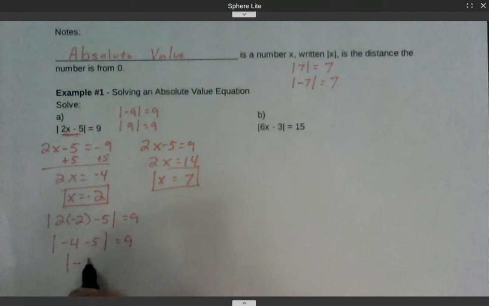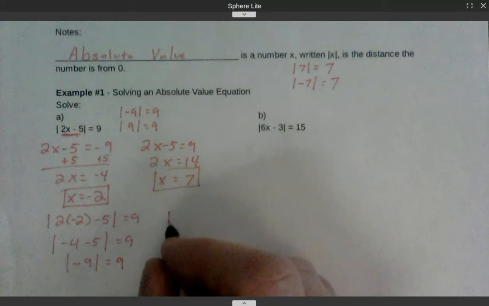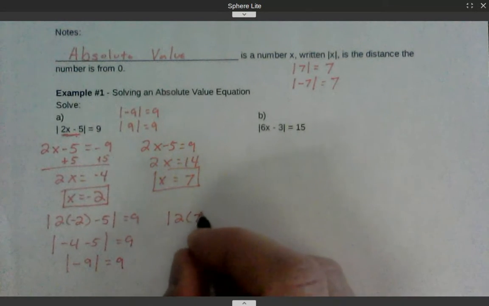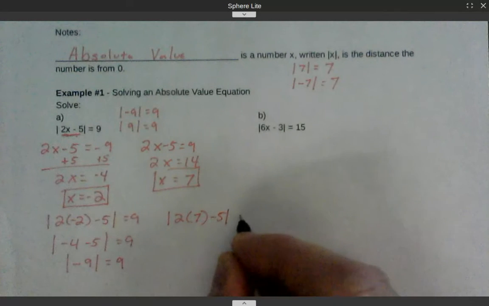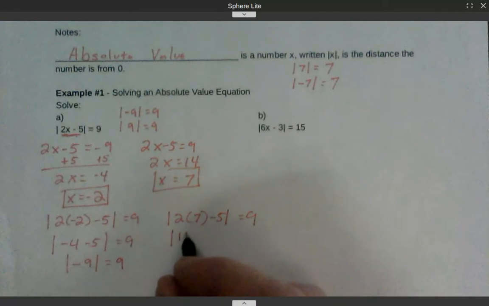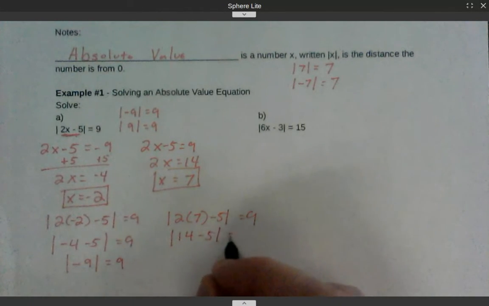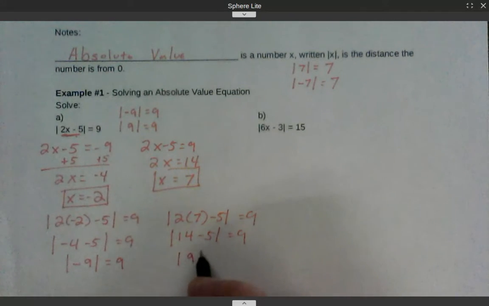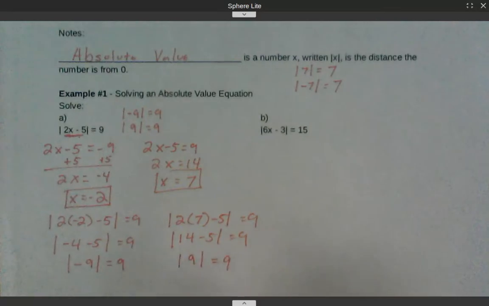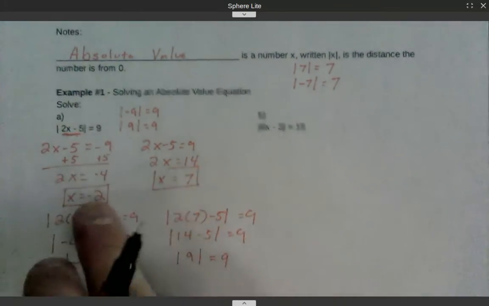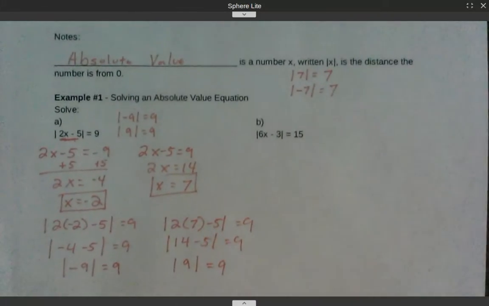So this will be the absolute value of negative 9 equals 9, which is a true statement. If I do 7, it's going to be 2 times 7 minus 5, so this will be 14 minus 5. And of course, we get the absolute value of 9 equals 9. Now, this was just a way to check it. We don't have to do this every time because these are our two answers up there.